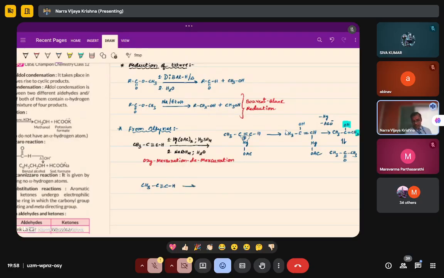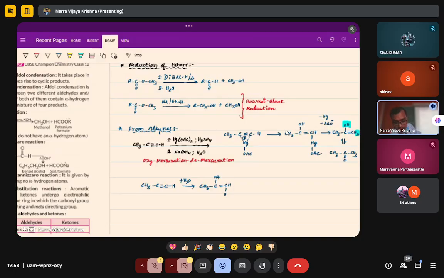The middle carbon. Instead of one more bond, I am adding OH here and H here. So indirectly I am adding water. That's why it is called hydration, addition of H2O. So here OH got added to the more substituted carbon.